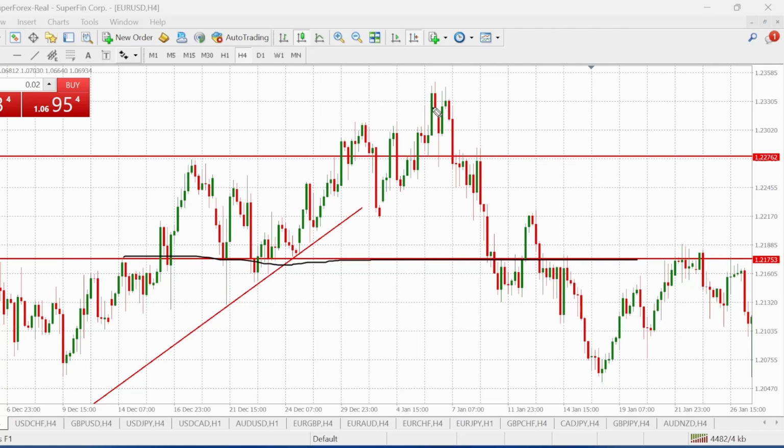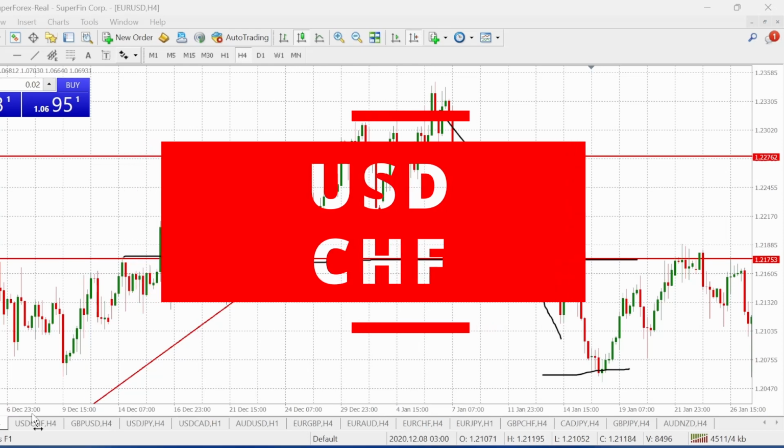We can see here the market closed below the previous pullback. This means it's no longer a trend continuation. Let's see if it was a downtrend. See another example.